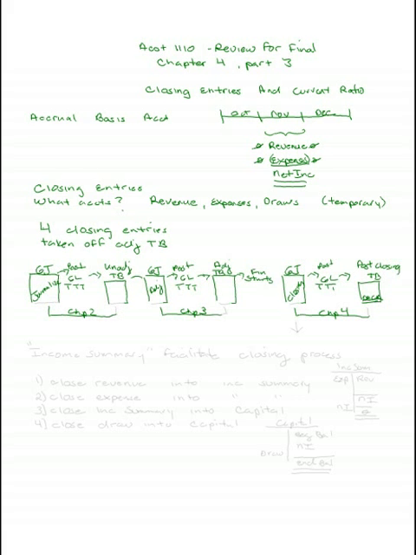I brought forward a picture of our accounting cycle. I want to point out we're now at this point, and we need to close our revenue, expense, and draws accounts. We're going to introduce a new account to you, called Income Summary. Income Summary is the most temporary of all accounts, and it exists only long enough to facilitate the closing process.